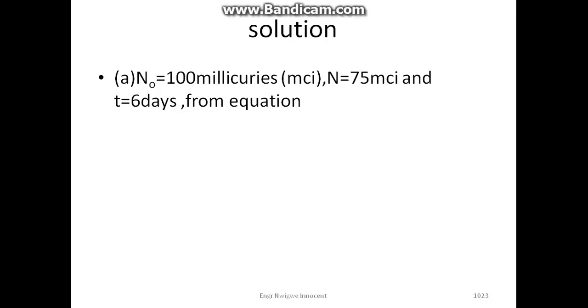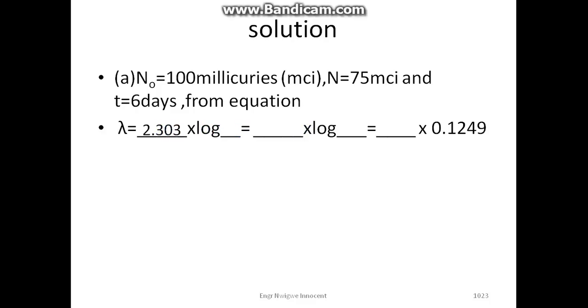From the equation, lambda is equal to 2.303 log of N0 over N, all over t, which is equal to 2.303 over 6 times log of 100 over 75.